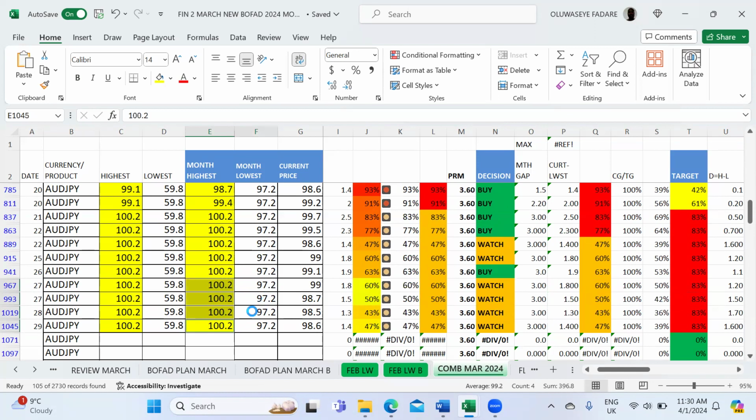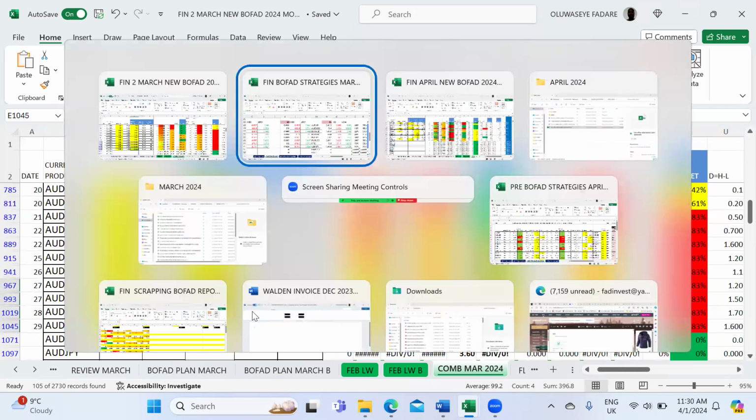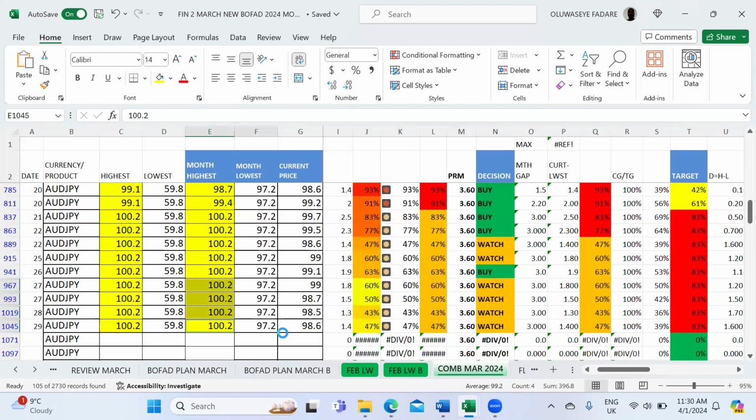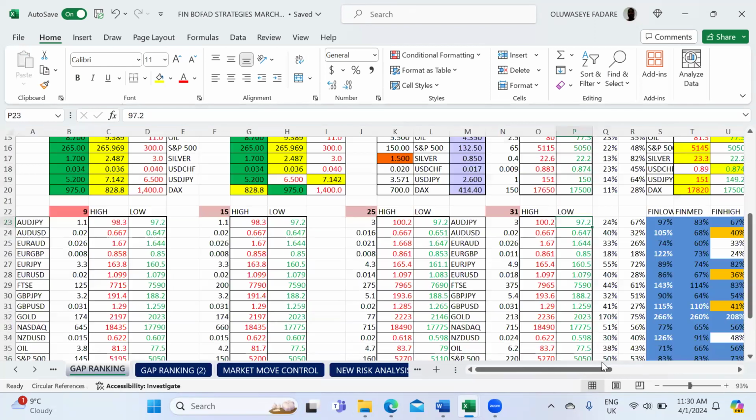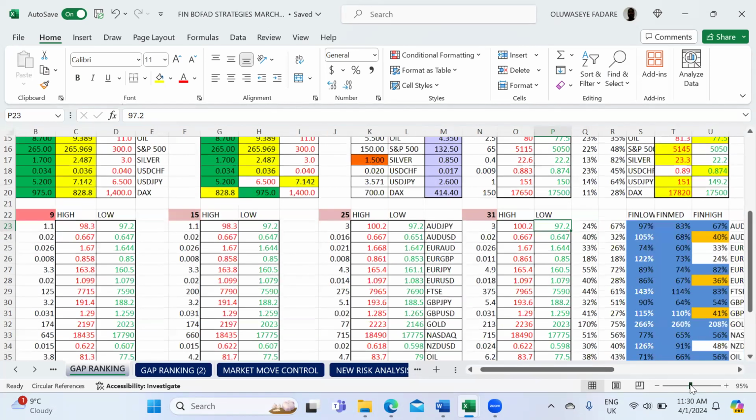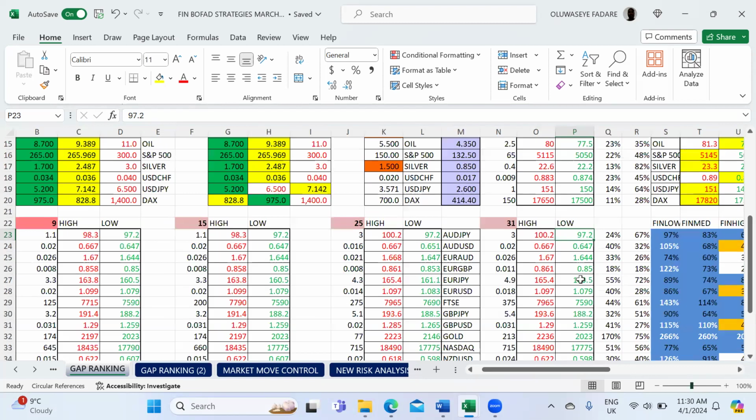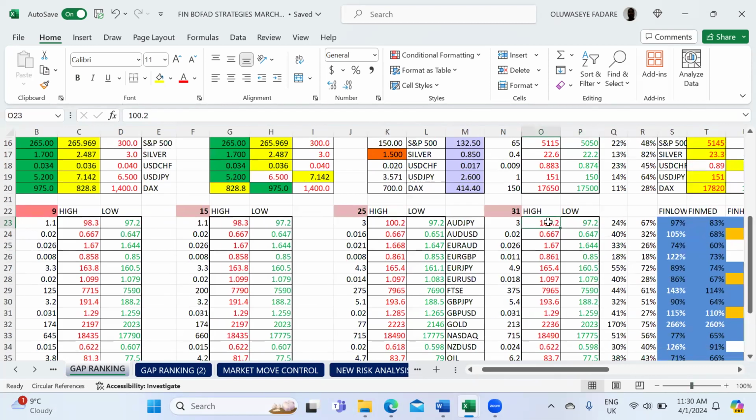So we now compare that with the report that we had before for AUDJPY. The 100.2 is okay.